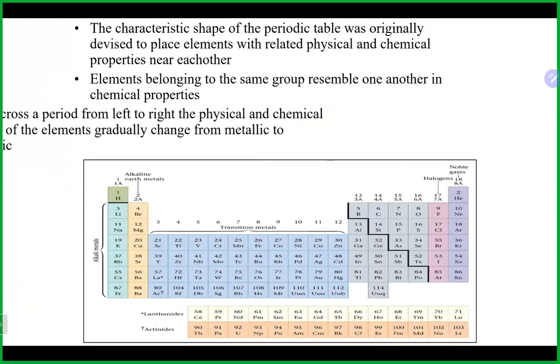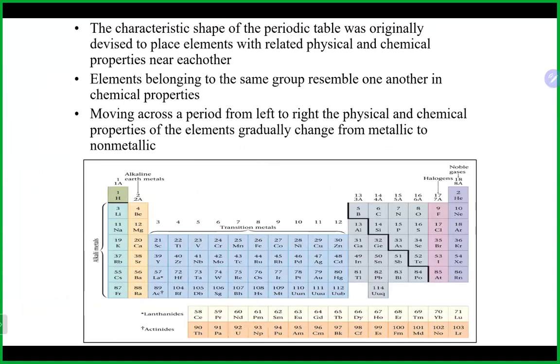Now, as you go from left to right, you are going from more metal characteristics to more non-metal characteristics. They did a really good job as they were building the periodic table. They left spots in it and filled it in as they went along. And things that are in the same group or the same period do have very similar properties a lot of times.